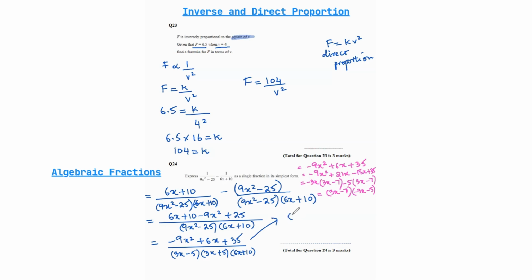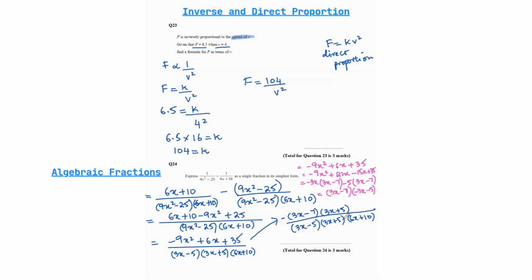That's 3x minus 7, with a minus sign outside because I'm taking that common from negative 3x minus 5, and that's 3x plus 5, over 3x minus 5, 3x plus 5, 6x plus 10.